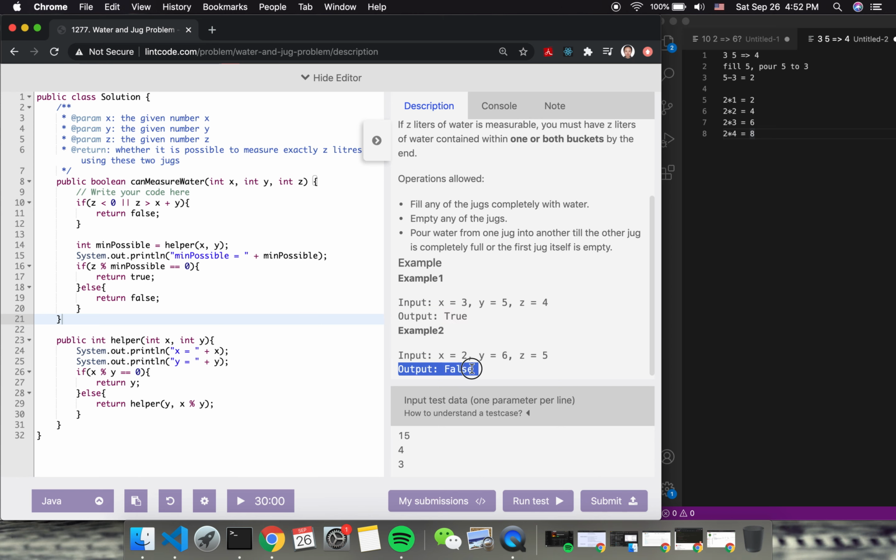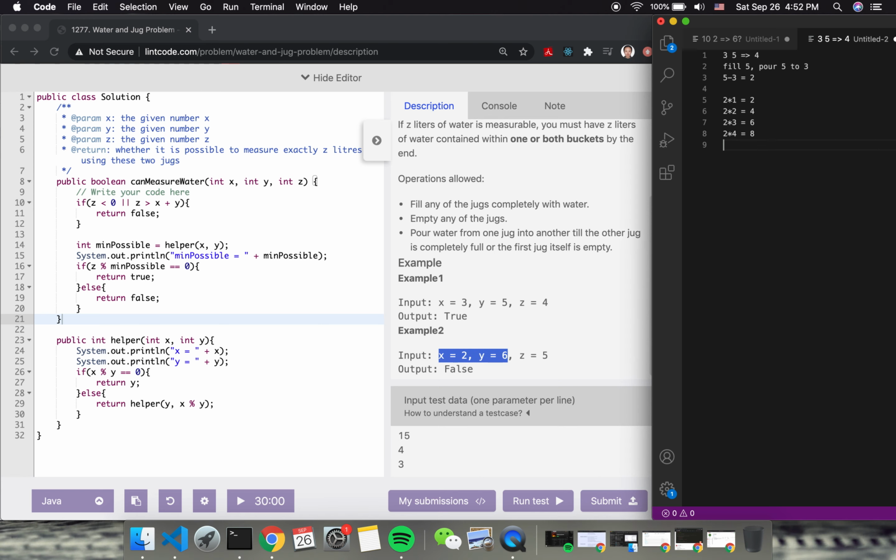The next example is 2, 6, and 5. Let's see what combinations we have.